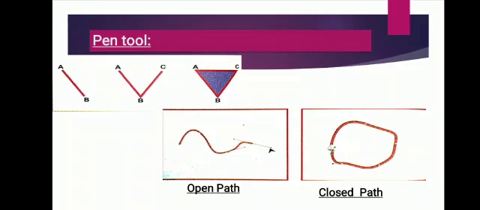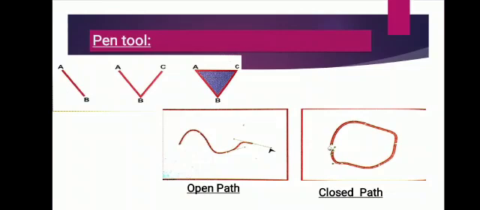See in first diagram where it is shown ABC triangle. Here first select the pen tool, then click on the stage to define the anchor point A. Click here, it will define one point A. Then create the second anchor point B at a distance.